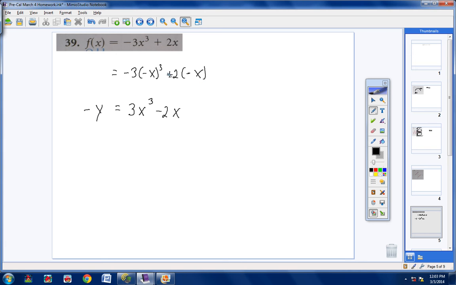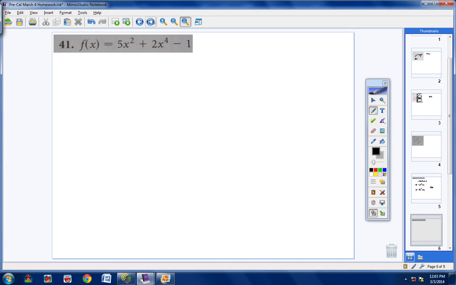Well, I already put the negative x in for x and I simplified it. Now I'm going to put the negative y in for y, and go through and change all the signs so my y is by itself. And when I do that, look what I get. I get the original equation. So with that in mind, I do have origin symmetry, which means I do have an odd function.